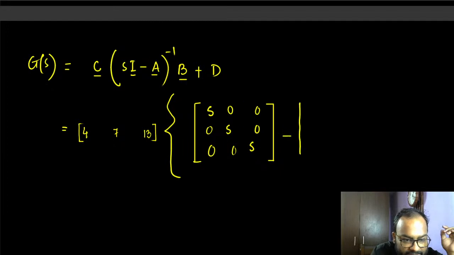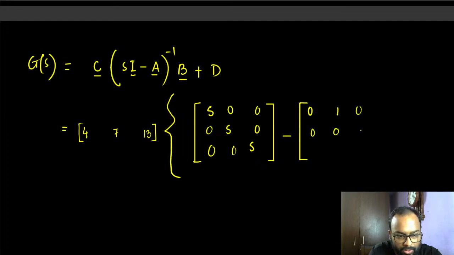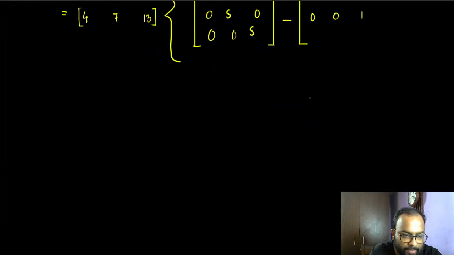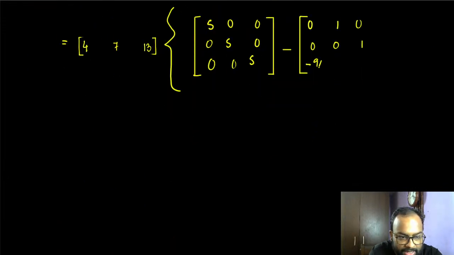Minus A, obviously I have the A matrix. What is the A matrix? That's 0, 1, 0, 0, 0, 1, and it was minus 9 by 2, minus 3 by 2, minus 5 by 2.